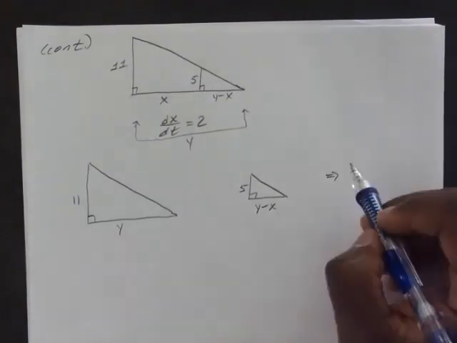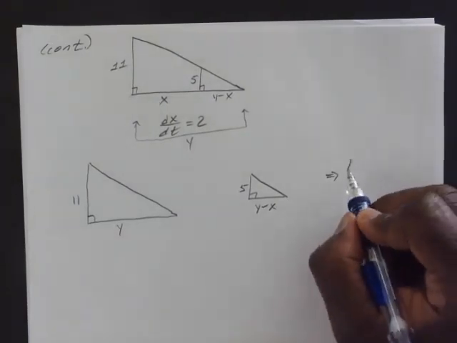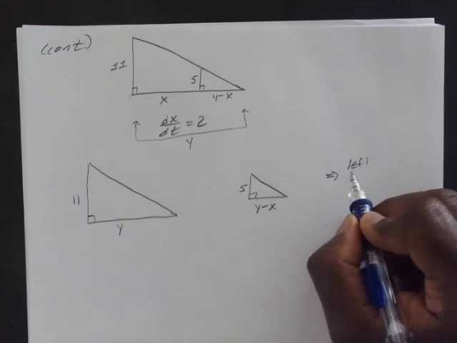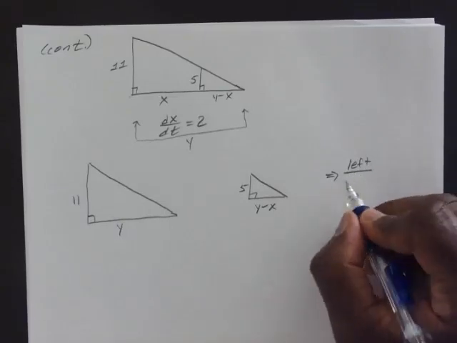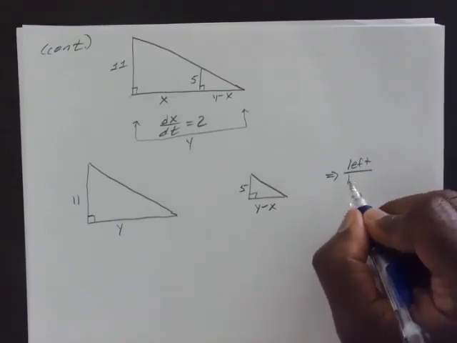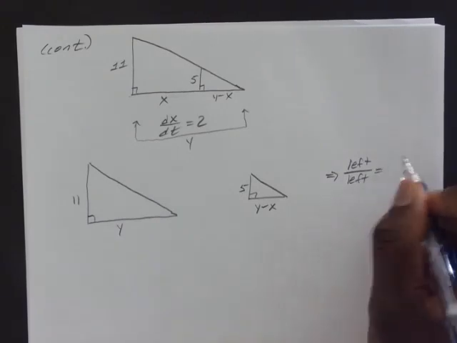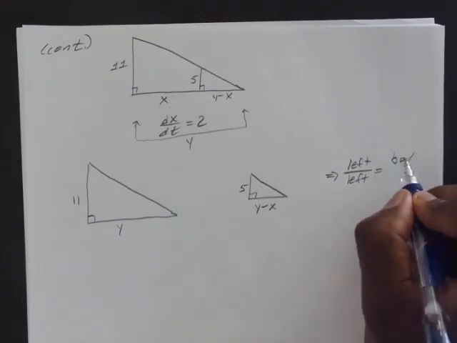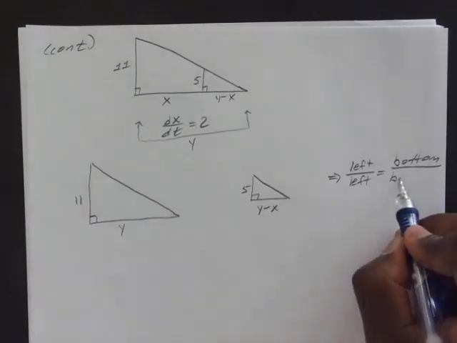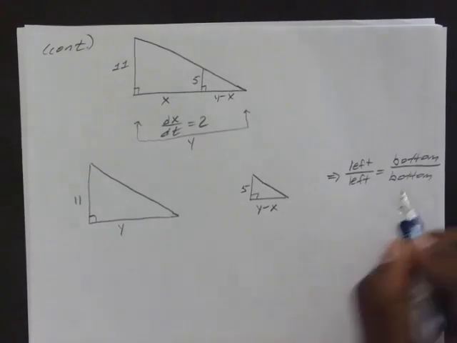Which means you can write it as a proportion, where the left side is proportionate as a ratio of the other left side, and the bottom of the triangle is proportionate to the bottom of the other triangle.